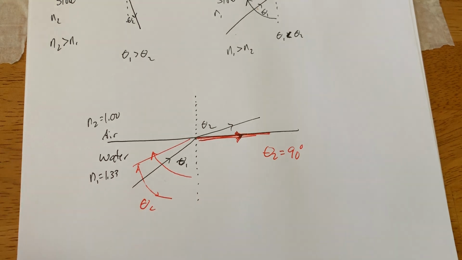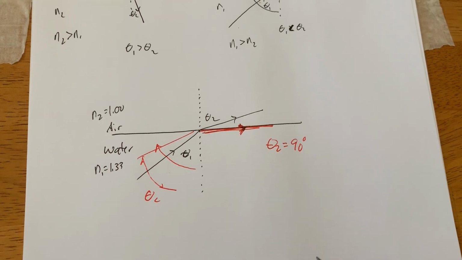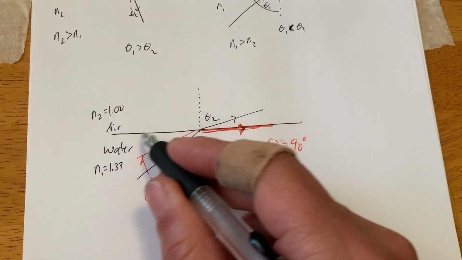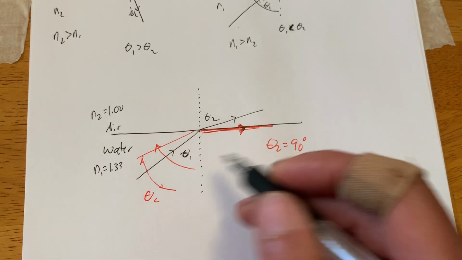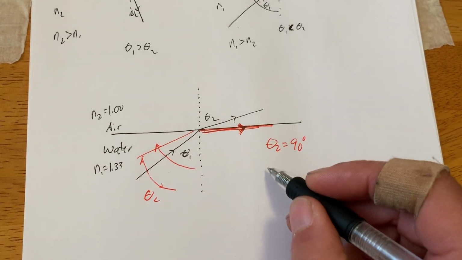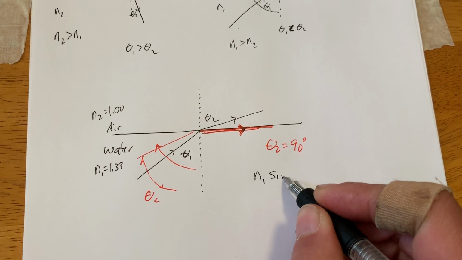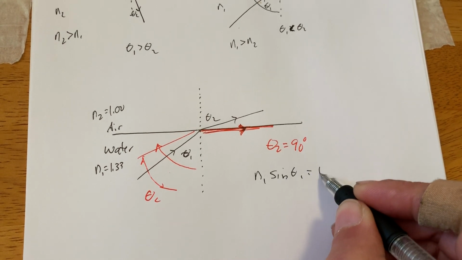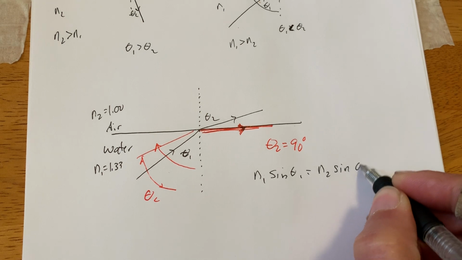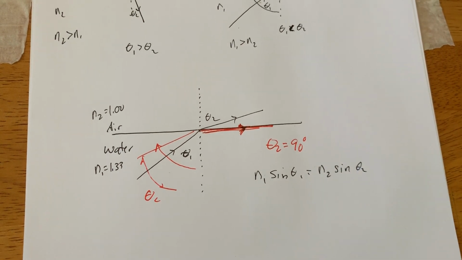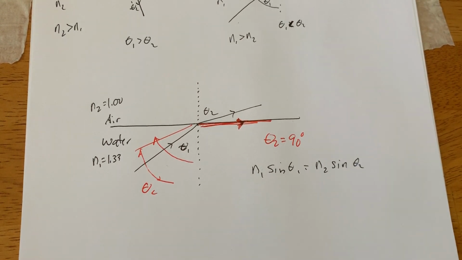So let's see if we can figure out what I mean by that. Let's just take a look. What do I have? Let's call this theta 1, medium 1. So let's call N1 sine theta 1 is equal to N2 sine theta 2. So this is Snell's law.